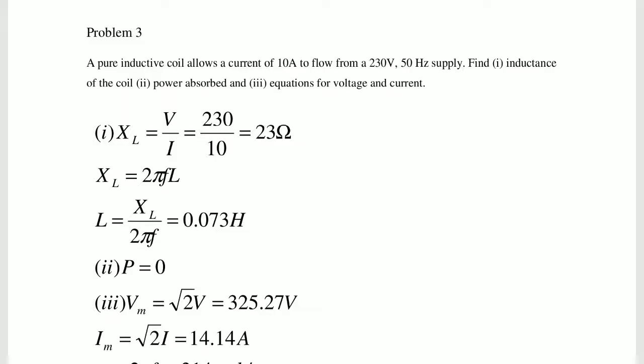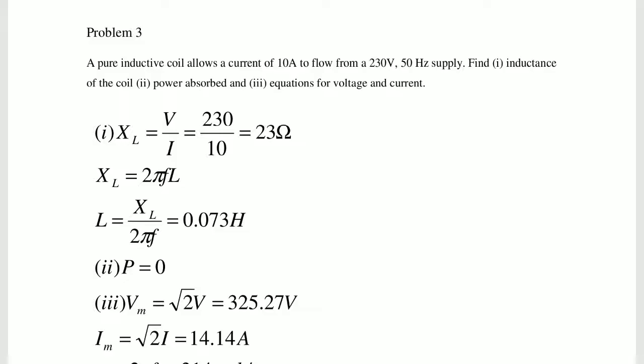Now equations for voltage and current. Equations means instantaneous equations of voltage and current. The given voltage is RMS 230 volts, but we want maximum voltage. Why? The instantaneous equation of voltage is V is equal to Vm sin omega t.